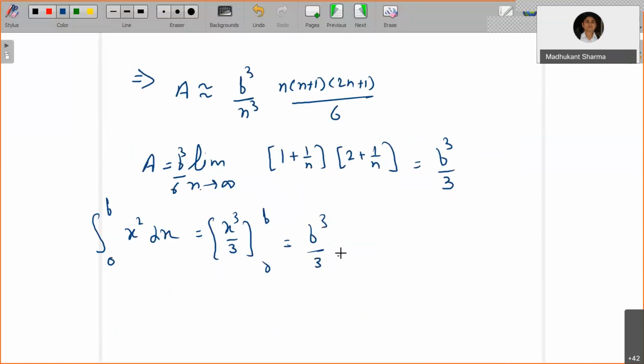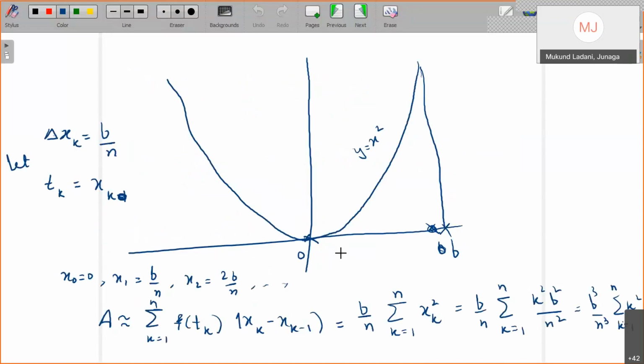Sir, how is xk equal to b square into k square by n square? See, this is f of xk, and f of xk is xk square. Okay, yes, sir. Now see here, x naught is 0, x1 is 0 plus h.